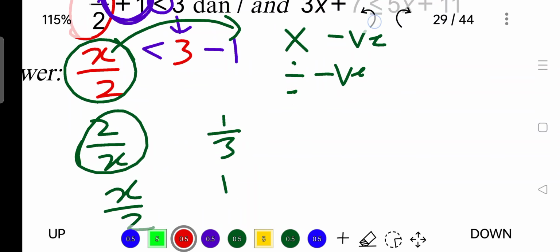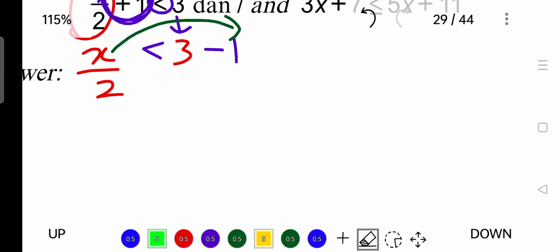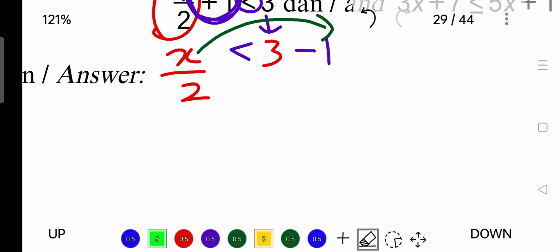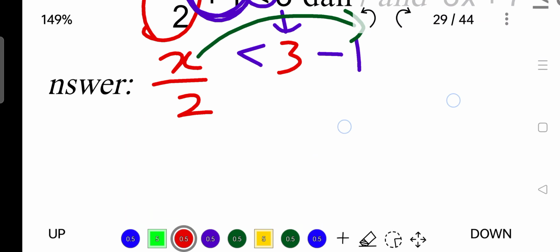Otherwise your symbol will never change. So whenever you want to bring down the inequality symbol, you just ask yourself, does it involve a times or divide by a negative number, or did I actually flip the number upside down? If yes, then you have to think further whether you need to change the symbol or not. Otherwise, just remain the same.